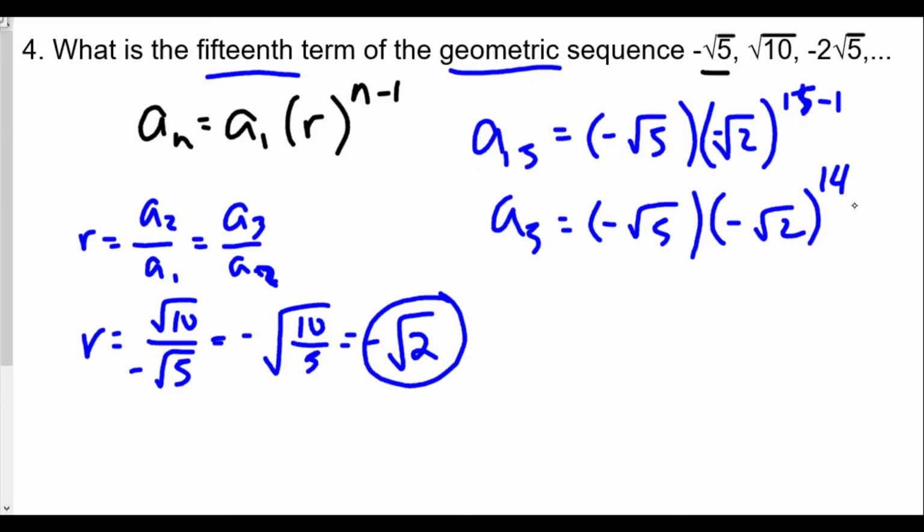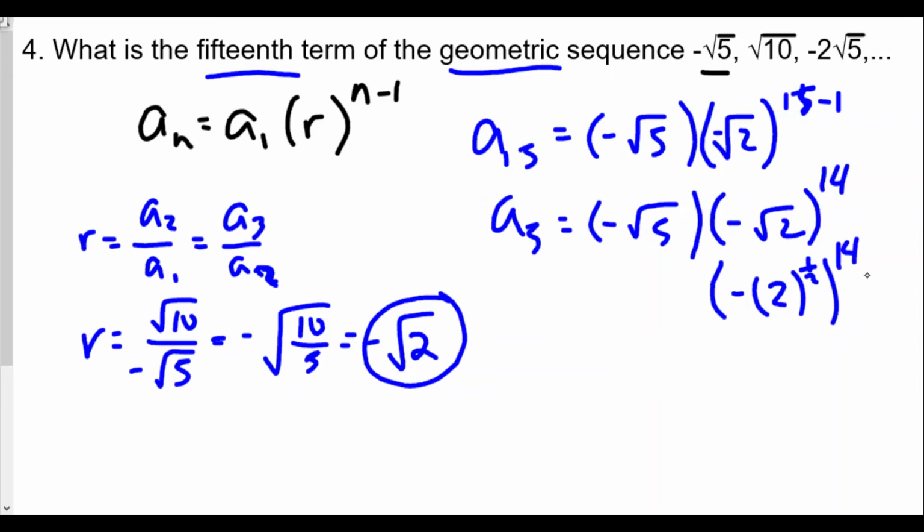Also, we can rewrite the square root of 2 as 2 to the 1/2 power, because remember, a square root can be written as a rational exponent of 1/2.